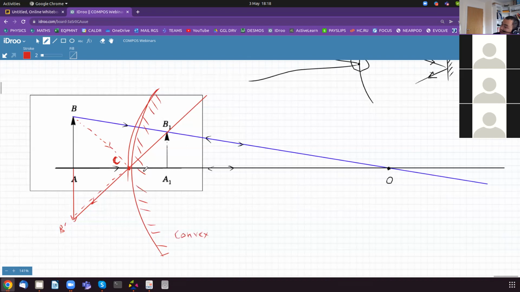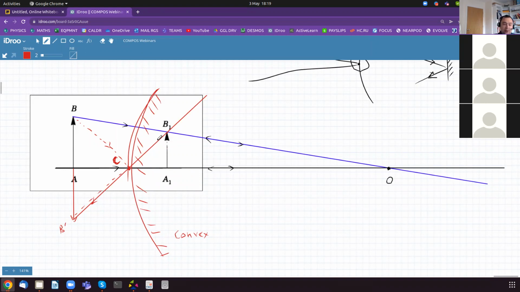The image, is it real or imaginary? It is imaginary because it's behind the reflecting surface of the mirror. A real image can be shown on a screen.